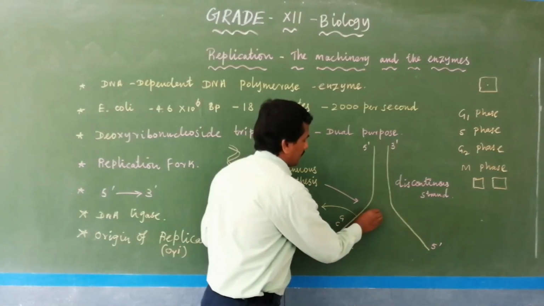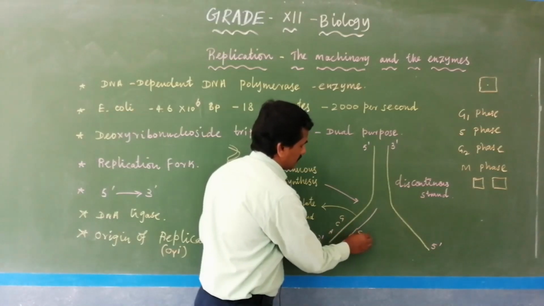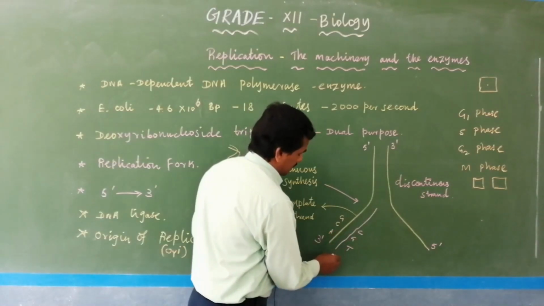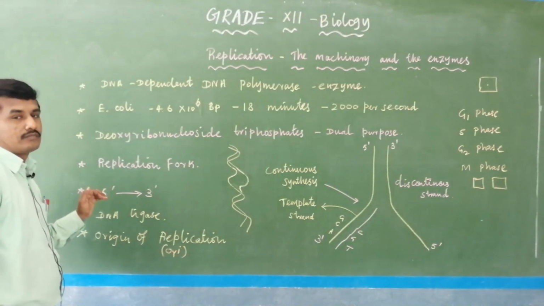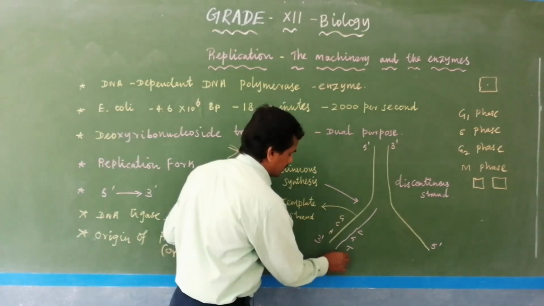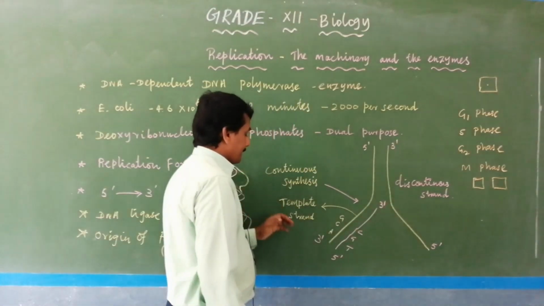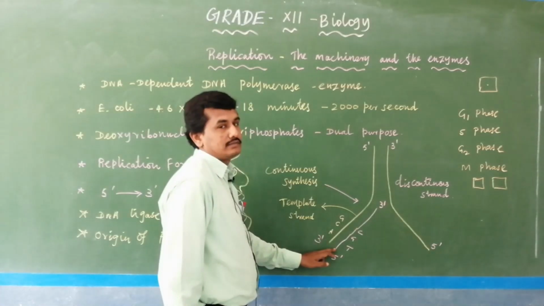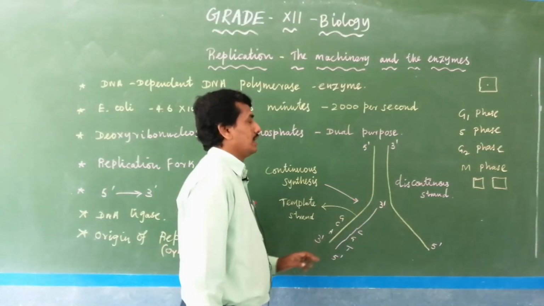Same like that, DNA is formed continuously. Actually we know DNA is formed from 5' to 3'. Only from 5' to 3' does the DNA get duplicated, towards the 3'. Here is the old strand, and here the newly synthesized DNA, from 5' to 3'.